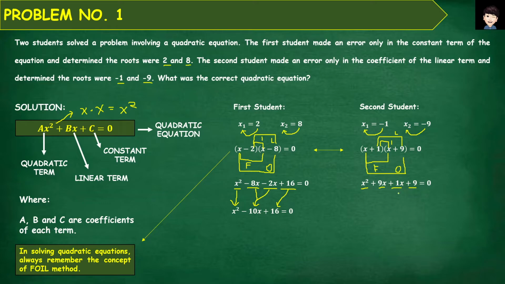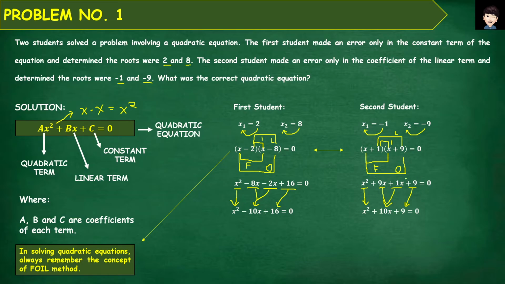So again, combine like terms, we have x squared for our quadratic. For our constant term, we have positive 9. Then combine our linear terms, positive 9x plus 1x is equal to 10x. So, ito na yung general form ng quadratic equation na na-solve ng second student.